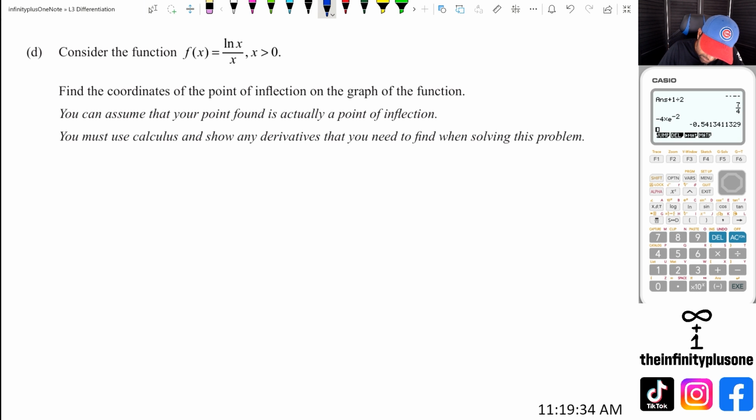Okay, let's do f(x) first. So we've got ln x over x. So we're going to use u over v. Let's go with uv. So u is equal to ln x, v is equal to x, u' is equal to 1 over x, v' is equal to 1.